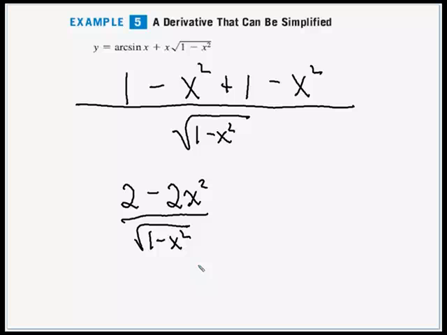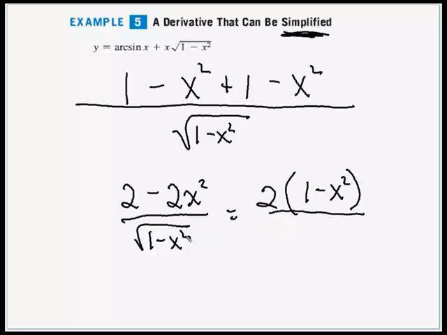If you left it like that, I'd be happy with that, or we could try to get that radical out of the denominator. But there is a neat little trick to this, and we can simplify it. Let's factor a 2 out of that numerator. 2, and then we have 1 minus x squared.